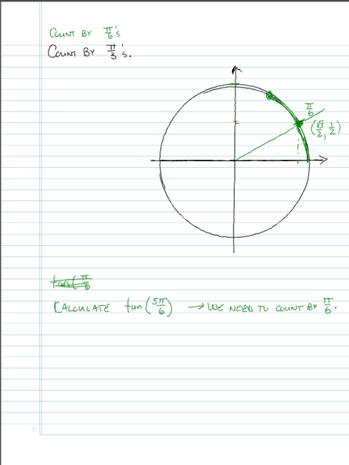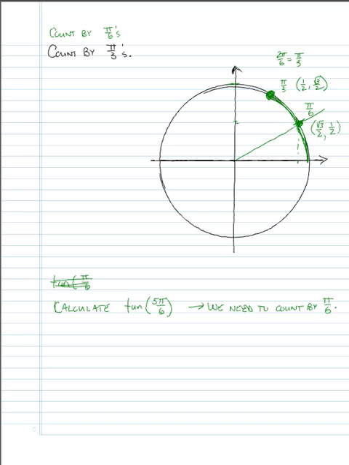This is 2 of those pi over 6s, and 2 pi over 6 is the same as pi over 3. And so we know the coordinates of that point: 1/2 comma square root of 3 over 2.